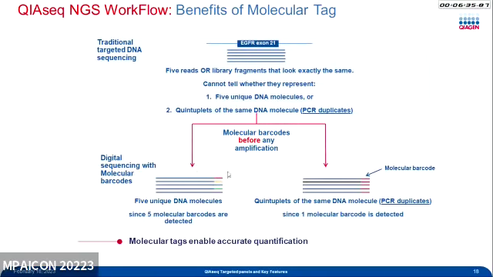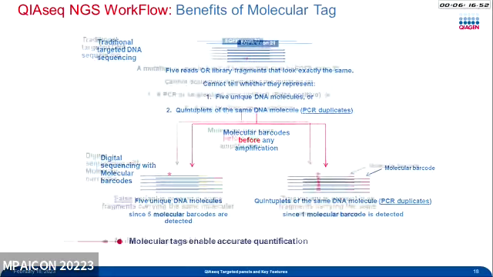If they are different, then these are unique. If they are the same, then these are PCR duplicates. That is how we identify the PCR duplicates, and this helps us get accurate quantification. So if you are calling a CNV, copy number variation, in a target region, you have more confidence in the data.